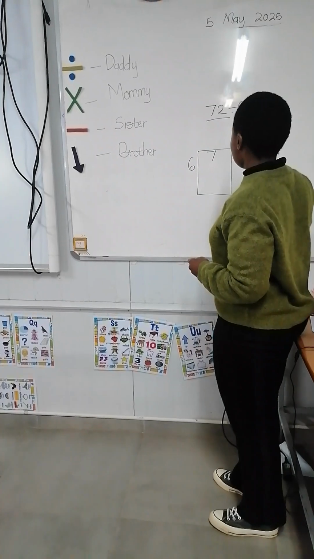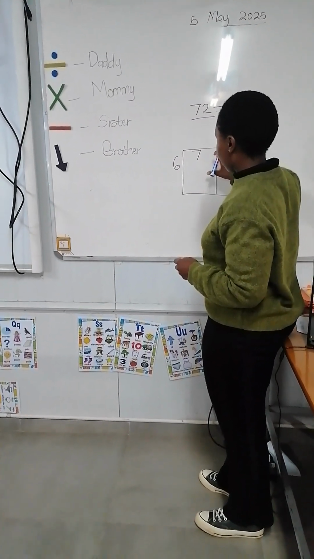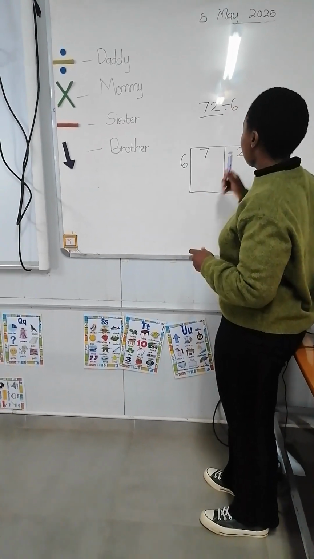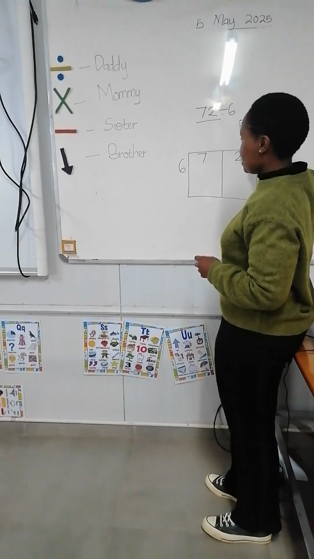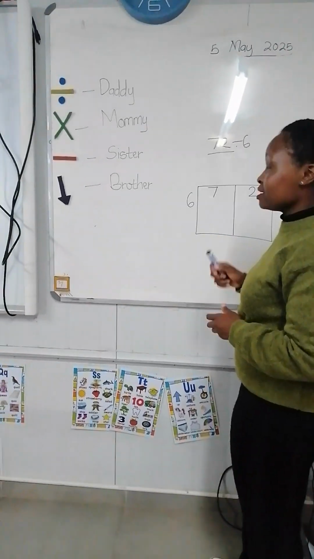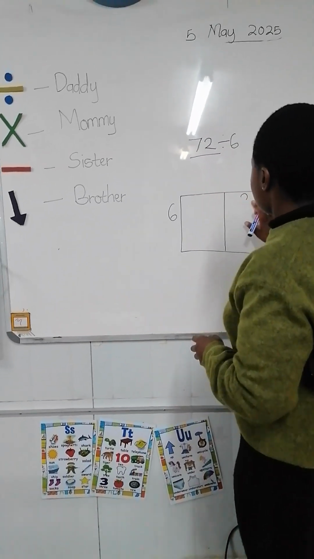In our box method, we are going to put these digits here in the box. Firstly, our sum is 72 divided by 6.